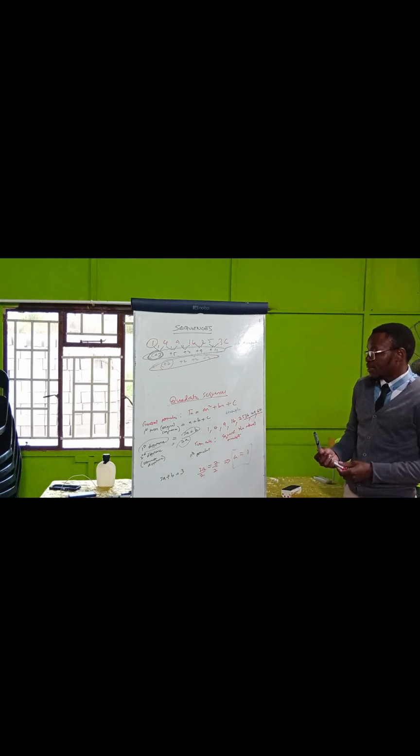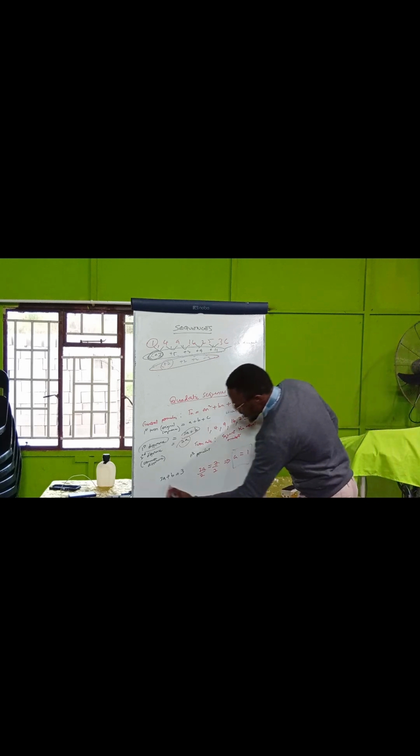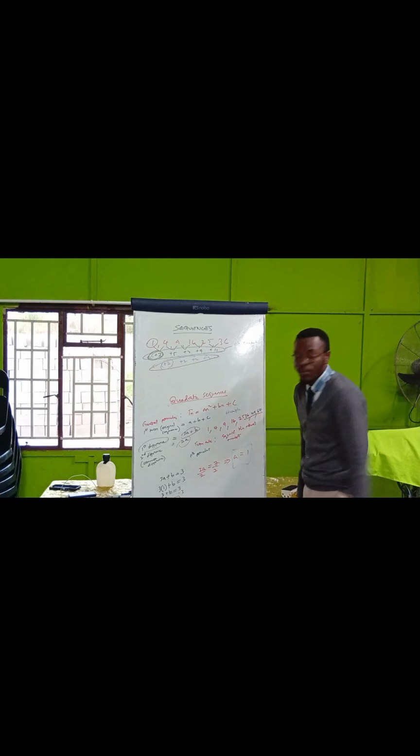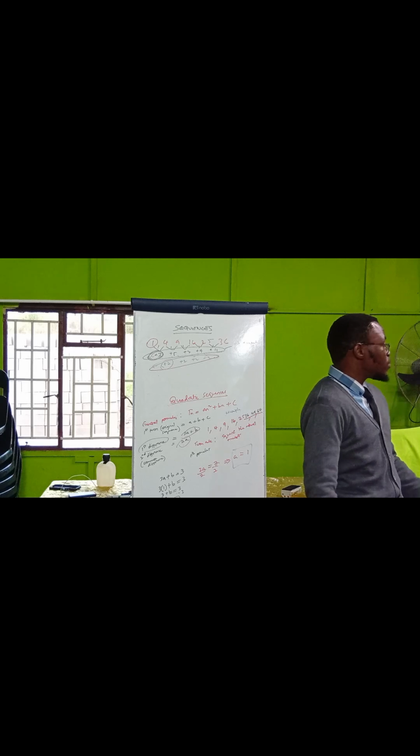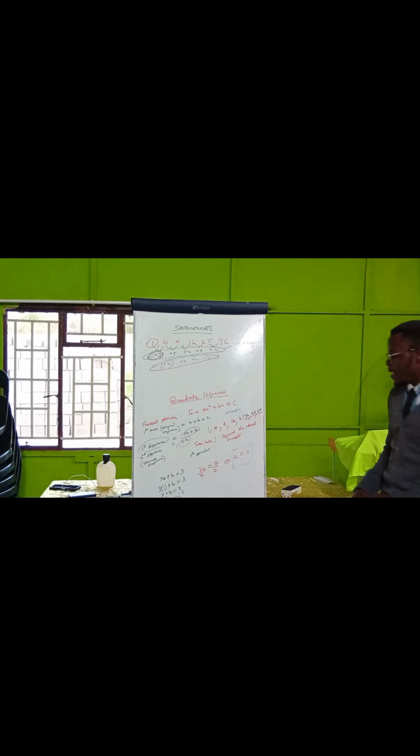Since A is 1, we get 3 multiplied by 1 plus B is equal to 3. Therefore, 3 plus B is equal to 3. Subtract 3 both sides. So B is equal to 0. So we have solved for the value of B.